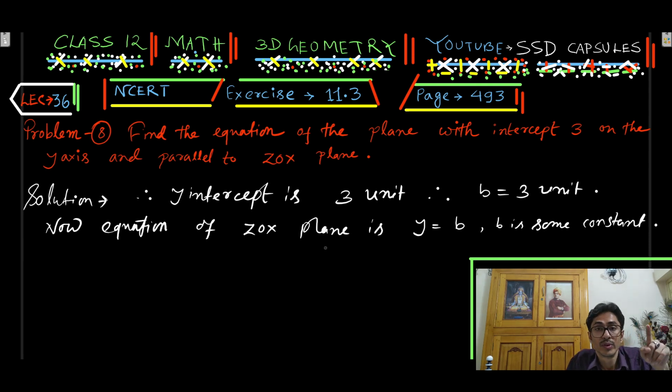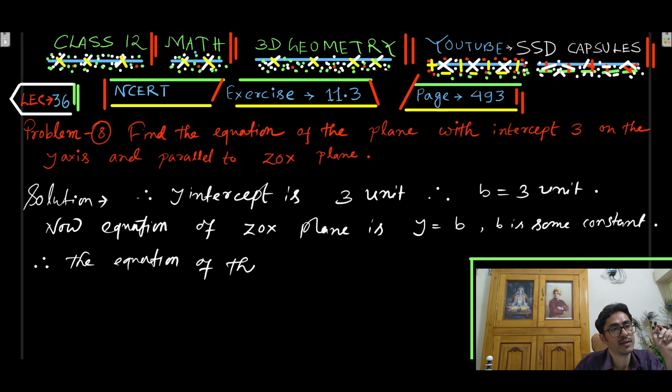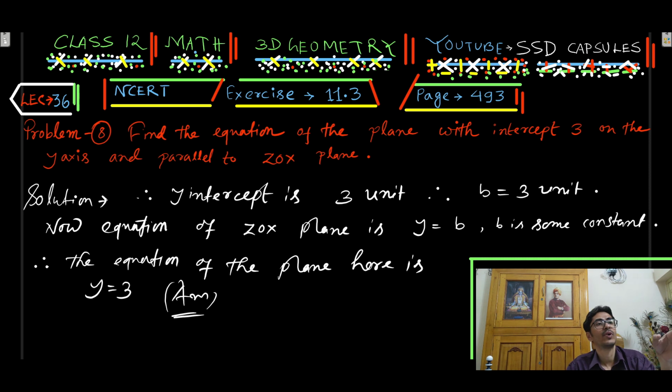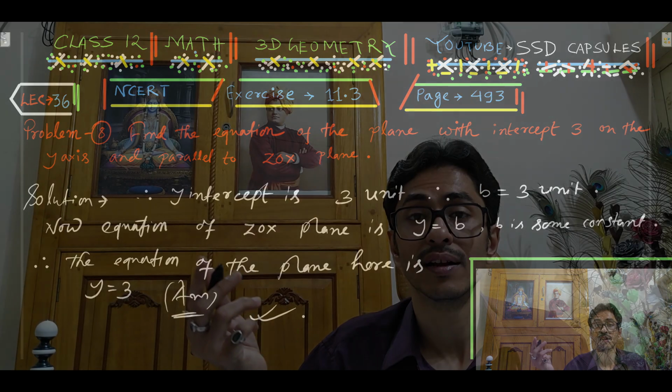As 3 is the y-intercept, therefore the required equation of the plane here is y equal to 3. So answer: we have found the equation of the plane with intercept 3 on the y-axis and parallel to ZOX plane. So we are done.